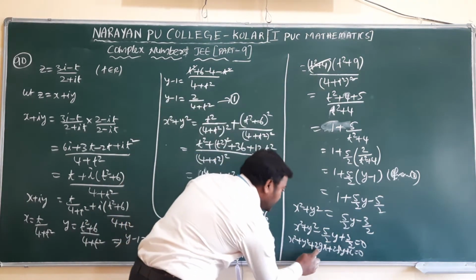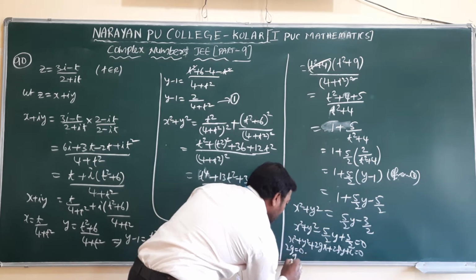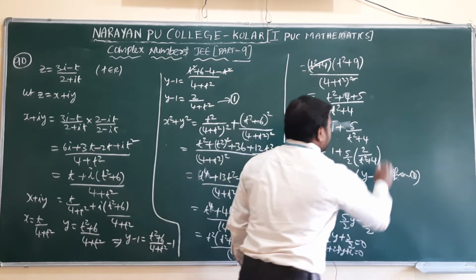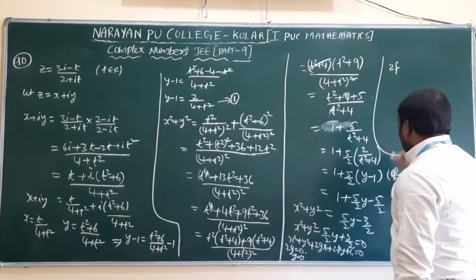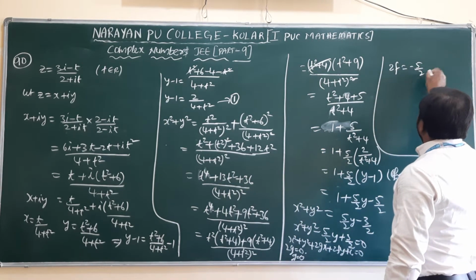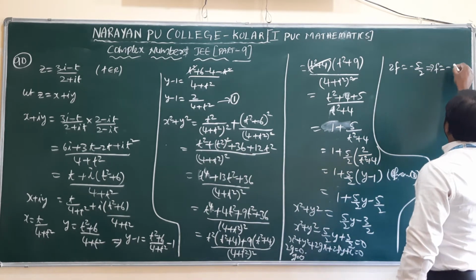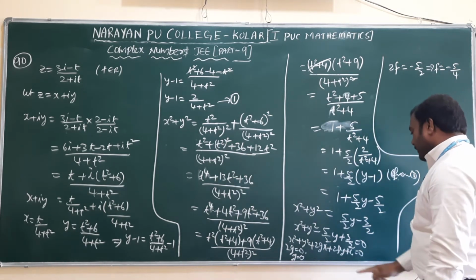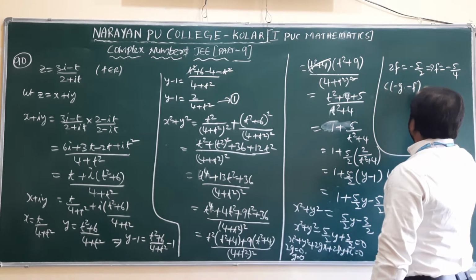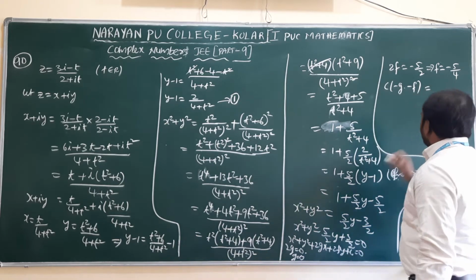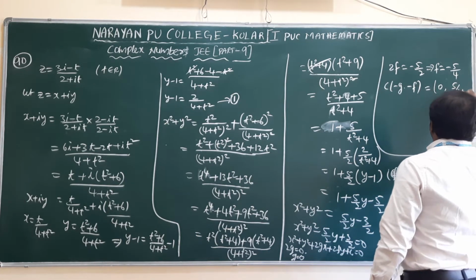Here the x term is 0, so g is equal to 0. And 2f is equal to minus 5 by 2, so f is equal to minus 5 by 4. The center is minus g comma minus f, where g is 0, so minus of minus 5 by 4 gives 5 by 4.